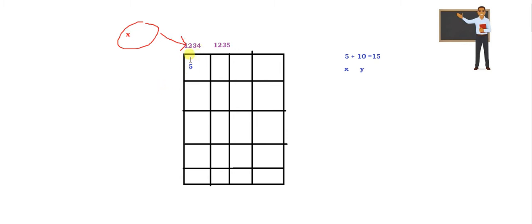So if I say I stored 5 in cell number 1 2 3 4, or I stored 5 in the memory location whose name is X, both mean the same.